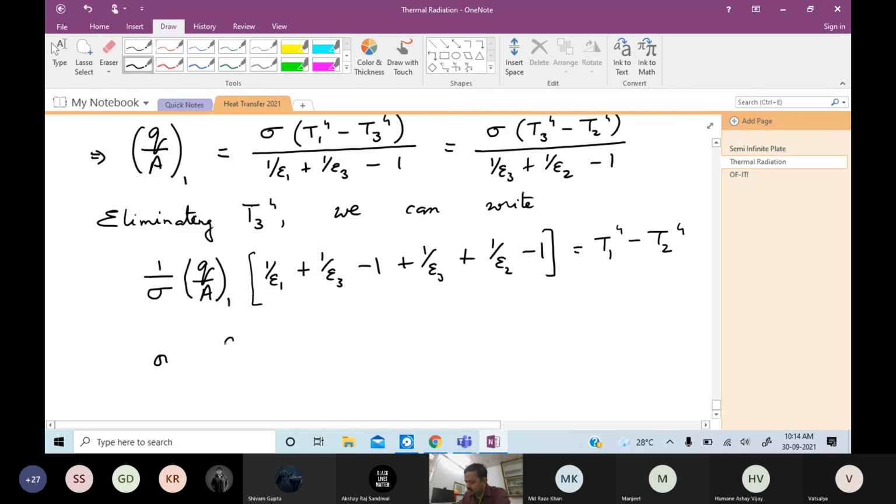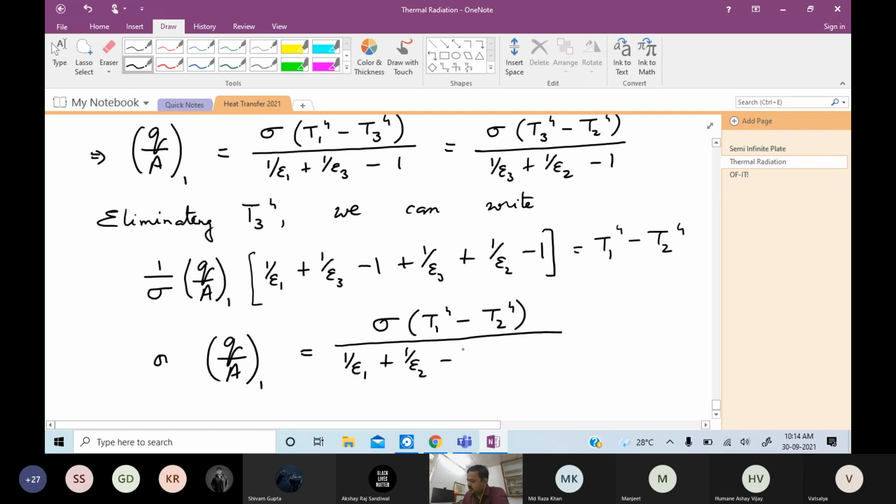Therefore, Q by A1 is sigma times T1 to the power 4 minus T2 to the power 4, divided by 1 over epsilon 1 plus 1 over epsilon 2 minus 1 plus 2 over epsilon 3 minus 1.